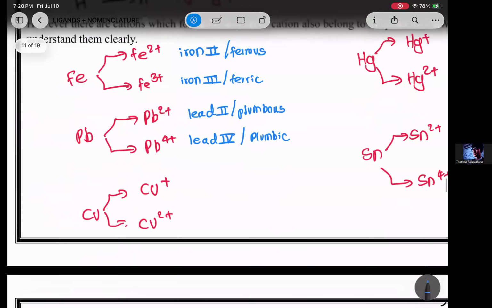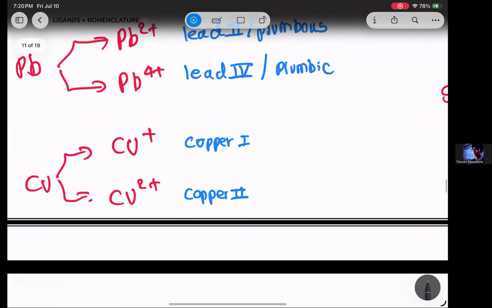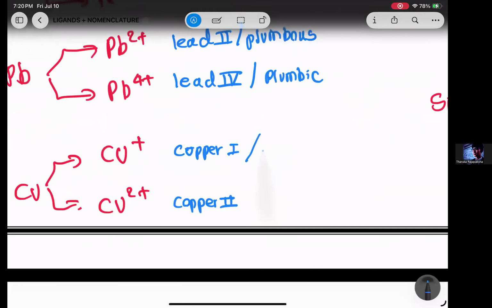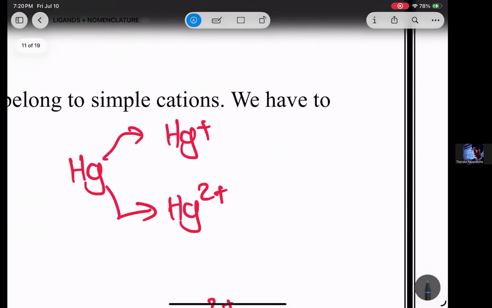This is copper 1, this is copper 2. The other names you can give are cuprous and cupric. Then mercury 1 and mercury 2.